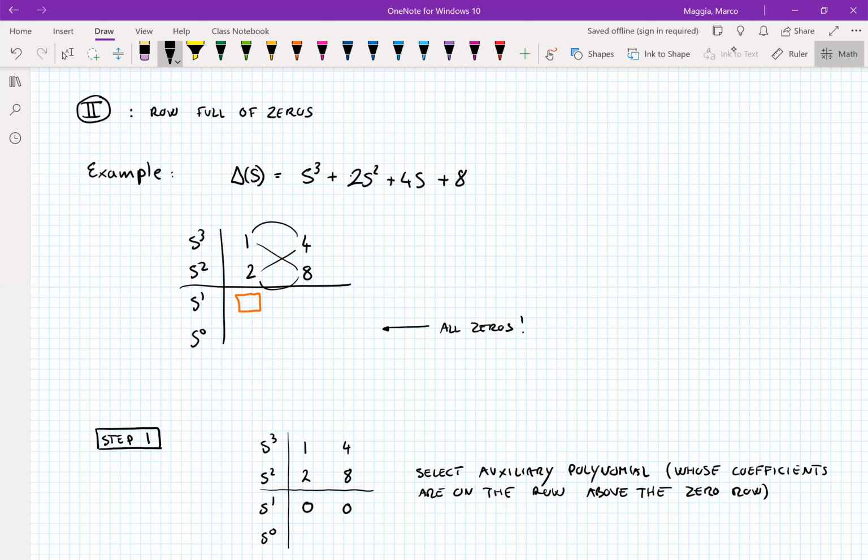So it's 8 minus 8 divided by 2, simply 0. And then the other term, well, we would need 1, 2, and another column full of zeros. So this other term is also 0. So in this case, we have a row full of zeros.